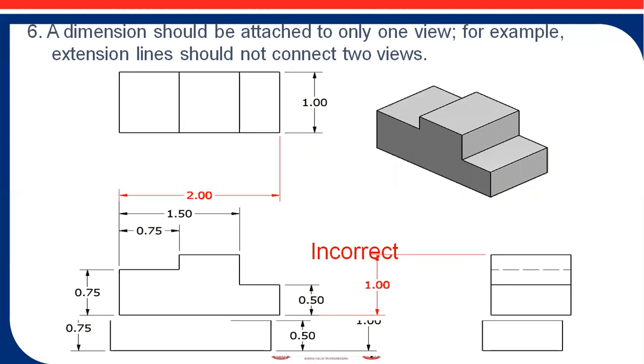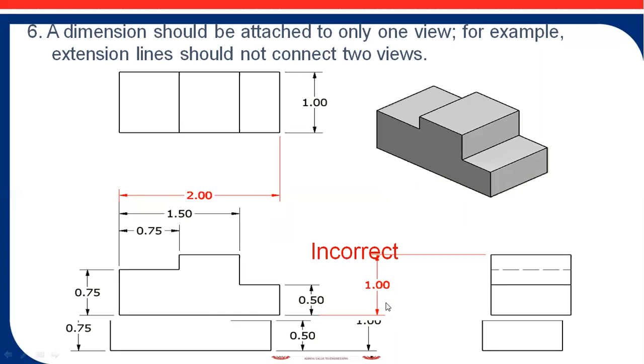You can see the front view and top view extension lines are connected together. These two views, which are edge views, you cannot join together. In the front view and top view, they have attached the dimension 2 mm. In this case, the top view, front view, and side view dimensions are shown together.